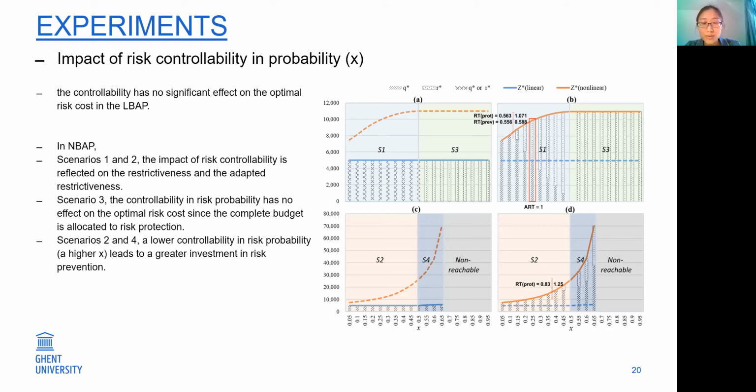But in scenario 3, the controllability in risk probability has no effect on the optimal risk cost, since the complete budget is allocated to risk protection. In scenario 2 and scenario 4, we found that a lower controllability in risk probability will lead to a greater investment in risk prevention.